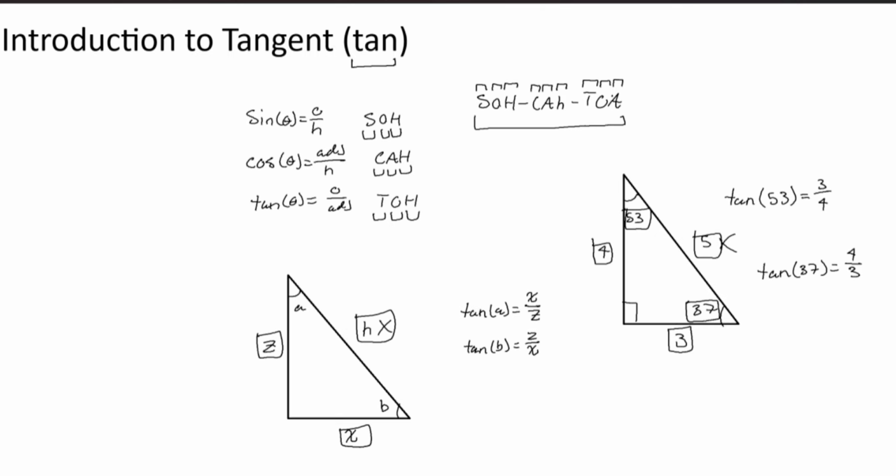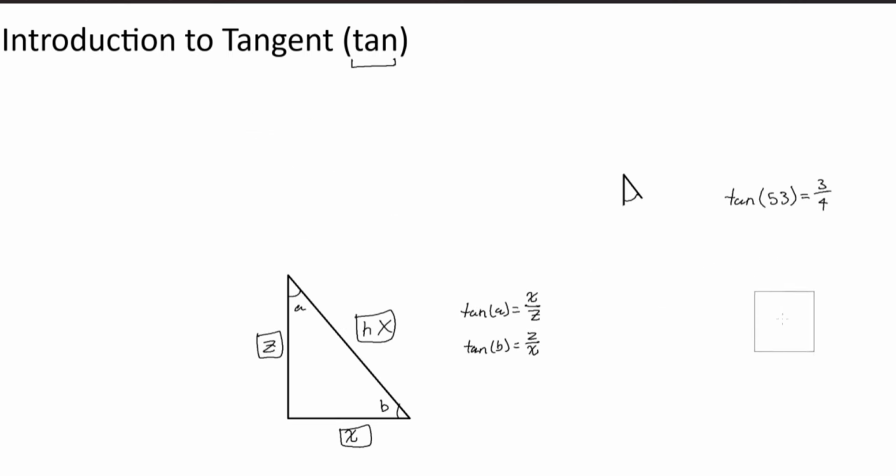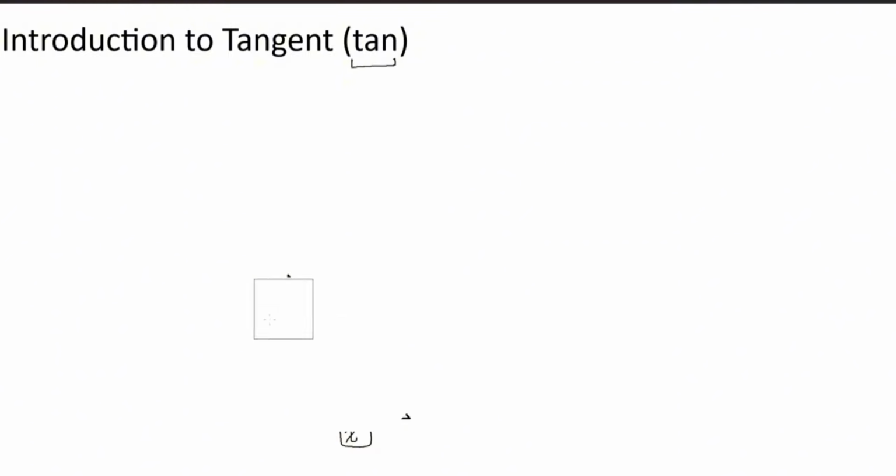So let's go over everything one last time just to refresh our memories, so hopefully this gets stuck in your head for at least a little bit so you can practice more. Sine of an angle, sine of theta, is equal to the opposite side over the hypotenuse.